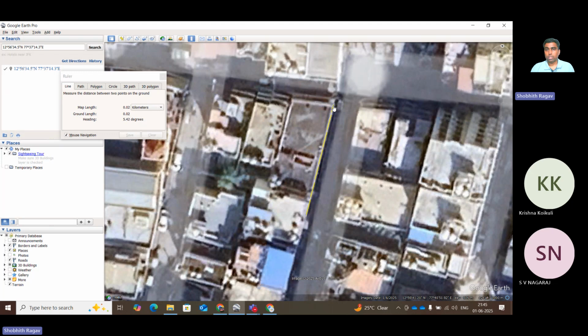Actually, if you take a longer length, it is more accurate than taking a shorter distance, because the error is reduced when the length is more. So this is giving a 5.73 degree tilt. With respect to the vertical, it will even show whether it is north or south if you put it in this path, I think.